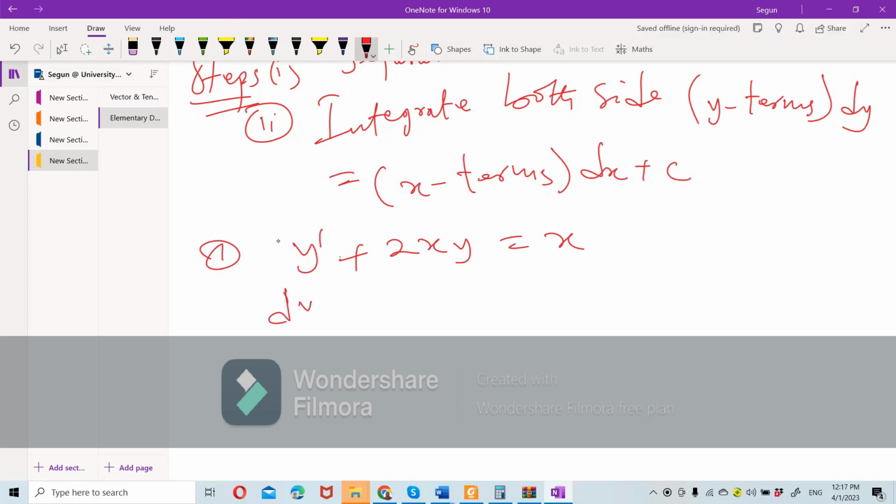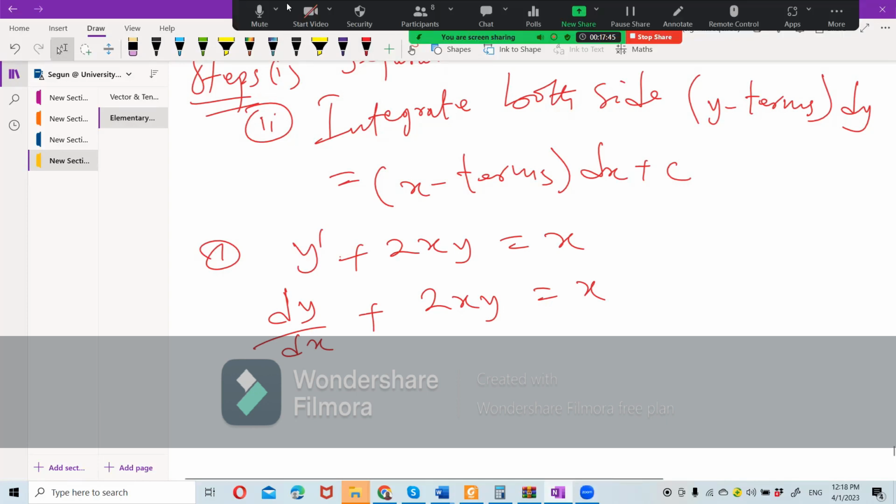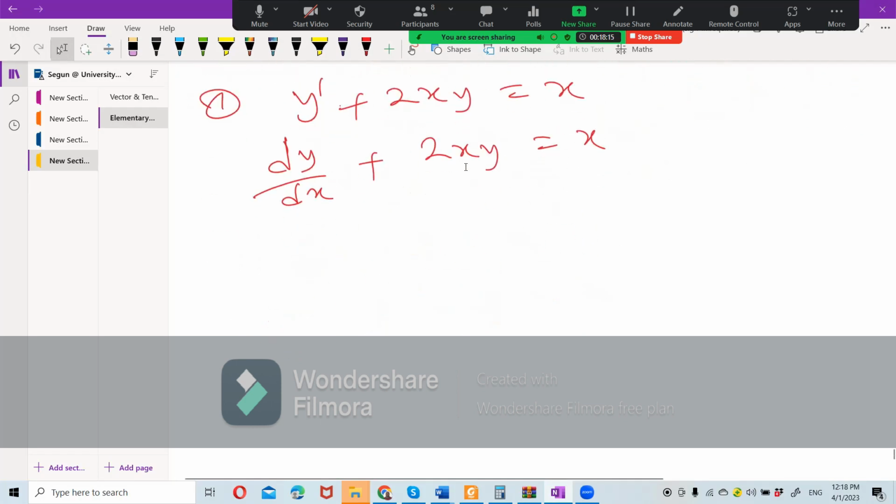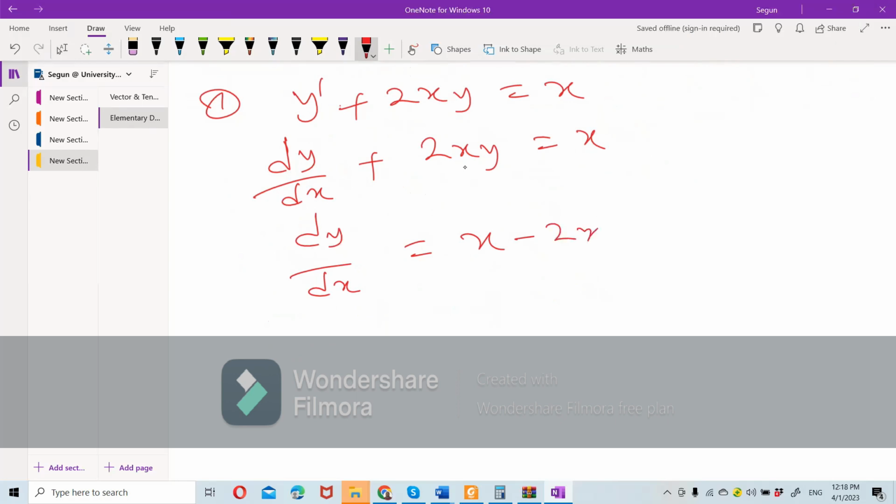So we have dy/dx plus 2xy equals x. We have dy/dx equals x minus 2xy.